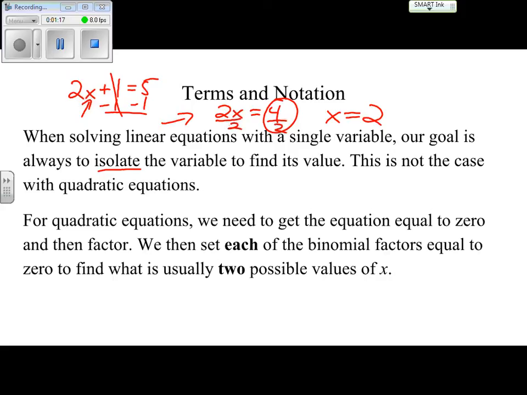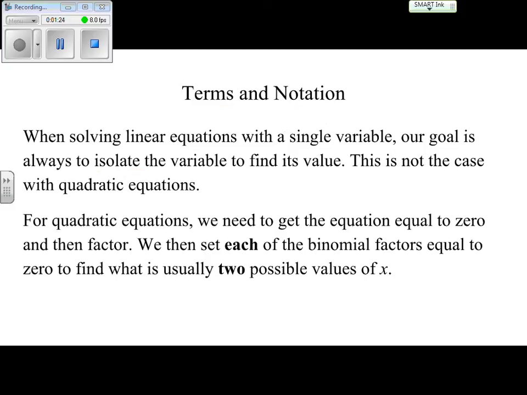Okay, now that is not the case when we deal with quadratic equations. So whatever techniques that we've used there, that will not be the main overall theme for what we're doing here today. For quadratic equations, we needed to get the equation equal to 0. And we saw that on that previous slide where, again, we will often have quadratics equal to 0. And then the next step is going to be factoring.